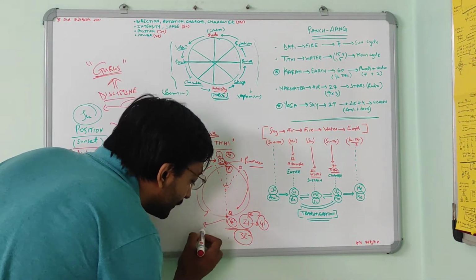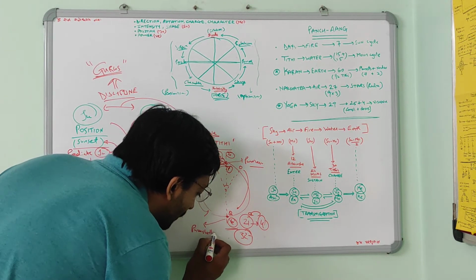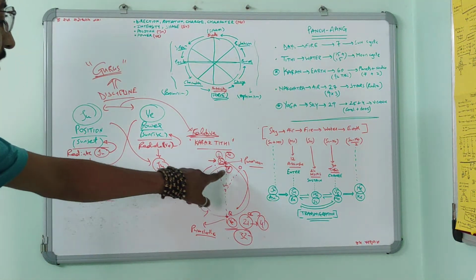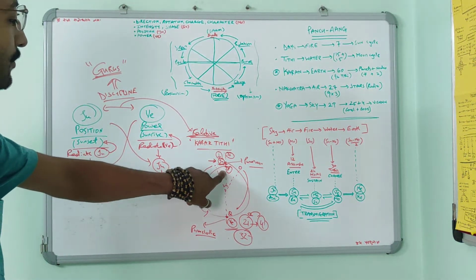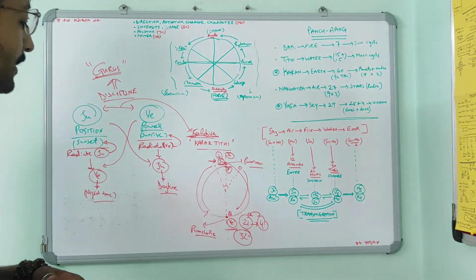See this point Q is Purvashada. So when the sun and moon comes at the Punarvasu Nakshatra, you have to worship Jupiter. When the sun and moon comes at the Purvashada Nakshatra, you have to worship Venus.